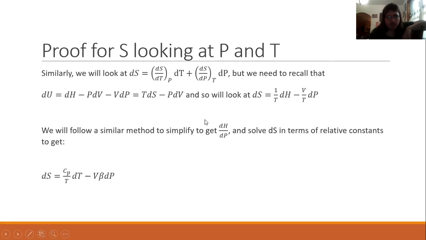I'm going to skip this proof, but it's essentially the same thing, and we're going to get dh dp in the process, which we already kind of showed. But from there, if you follow the steps back with something we already proved, we can get that negative v beta would be our ds dp. I'm going to skip that. Save ourselves a little bit of trouble.